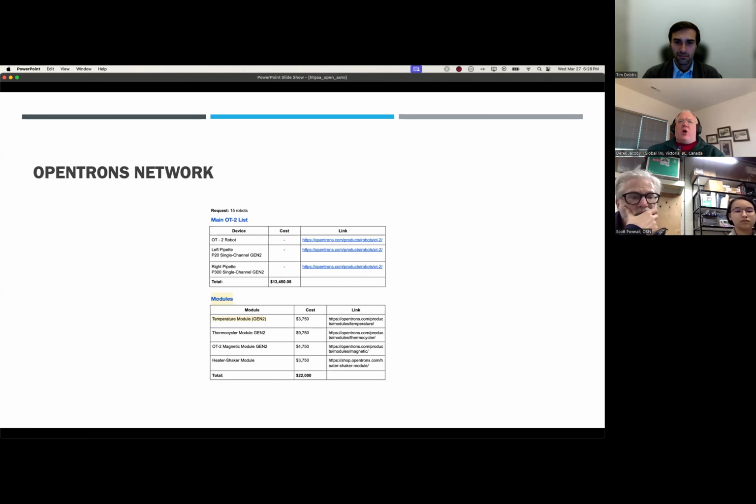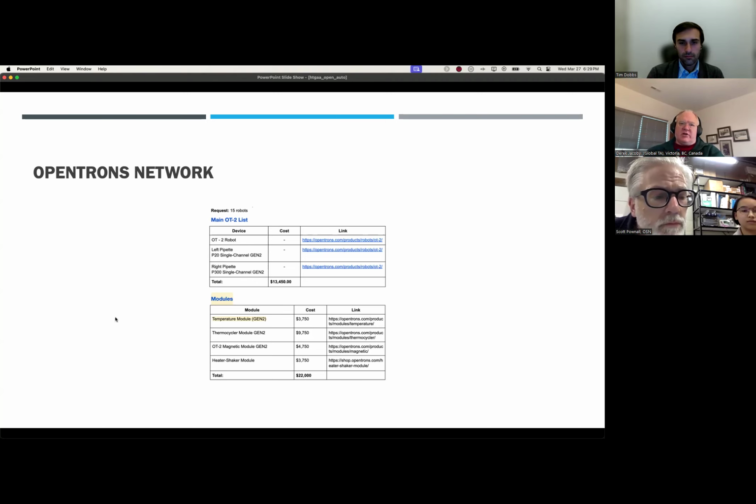So that's probably where I ought to jump into what equipment we actually expect to be at each of these sites. We're going to get the OT-2 itself, a P20 and a P300, and then a temperature module for doing the cooling cycles, being able to hold reagents and enzymes and stuff on the bed without needing to constantly shuffle them back to the freezer.